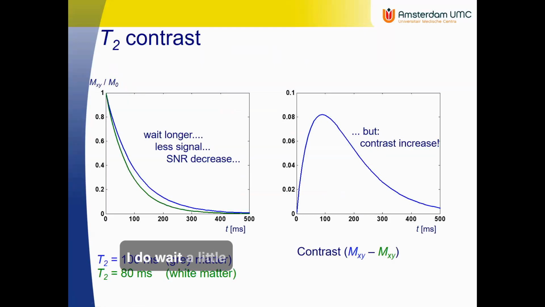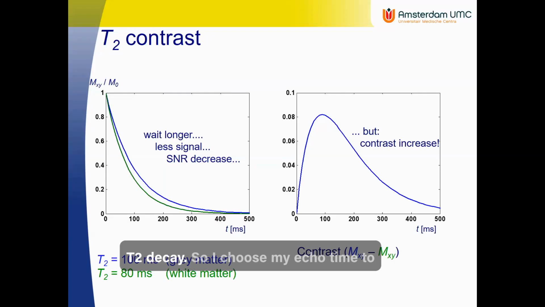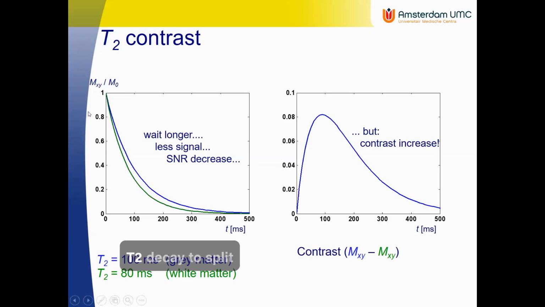If I do wait a little, some of the curves go down faster than others because of the differences in T2 decay. So I choose my echo time to deliberately wait for the curves of the T2 decay to split up.